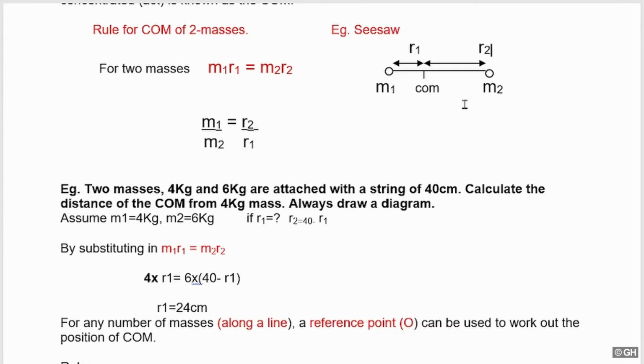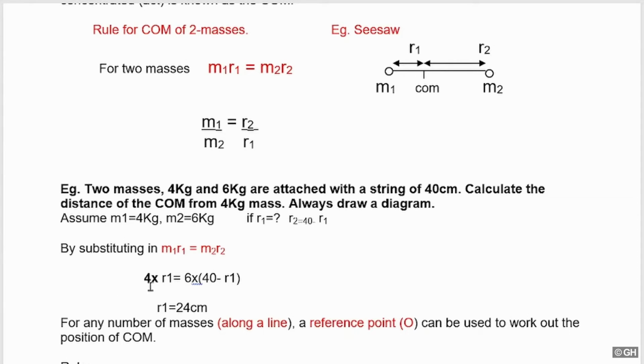But the total distance, remember, is 40. Therefore, if one is R1, the other should be 40 minus R1. So R2 is 40 minus R1.